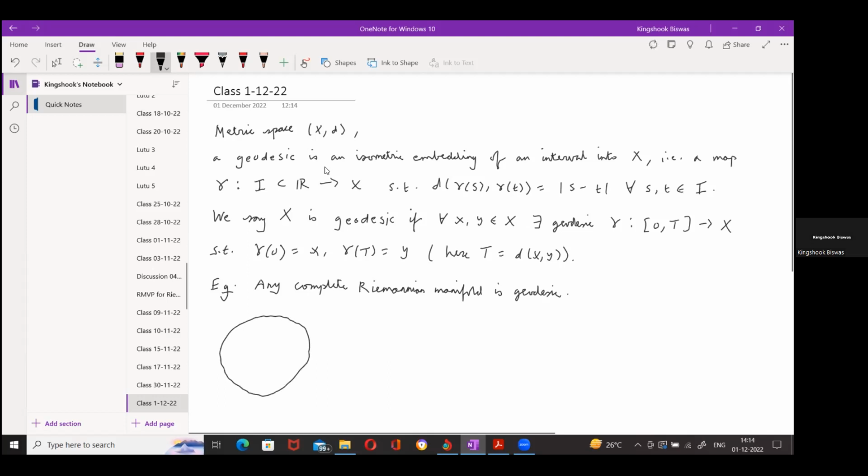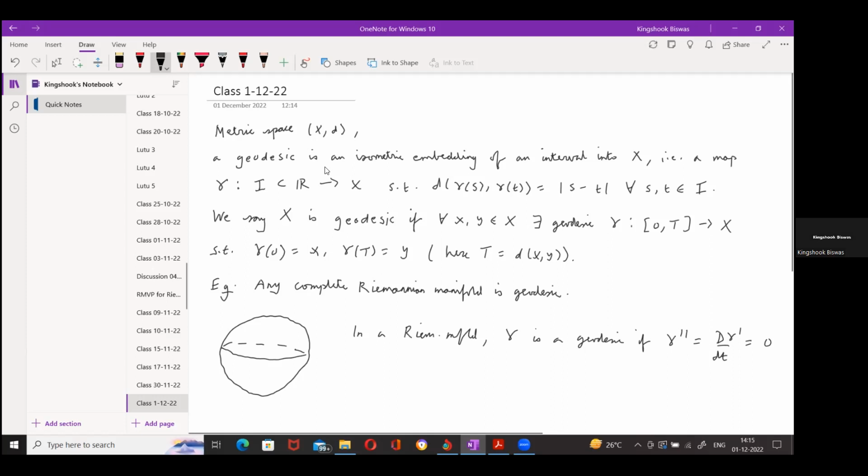That means, in a Riemannian manifold, gamma is a geodesic if gamma double prime, which is the covariant derivative capital D dt of gamma prime, is identically 0, right? This is a geodesic in a Riemannian manifold. Now, this may not always be a geodesic in the sense of metric spaces.